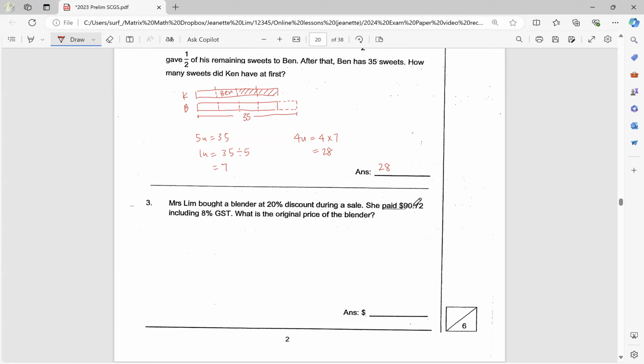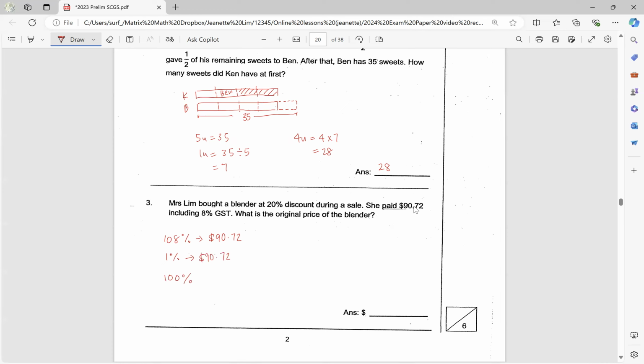So this $90.72 is after GST. Anything after GST, if it's an 8% GST, means that you're paying 108%. Okay, so 108% is $90.72. When we find 1%, then we'll find 100%.